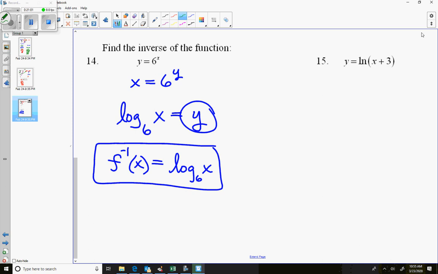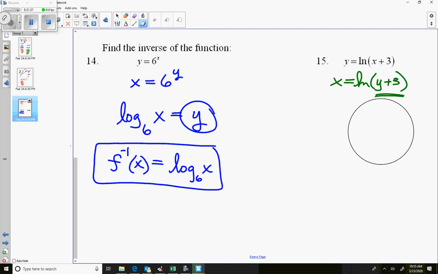Now for the last one, y equals the natural log of x plus 3. To find the inverse, switch x and y. And now we're stuck, because you cannot multiply this. This is not the distributive property. The whole y plus 3 is the argument to your natural log. So now we're stuck. Let's change it to an exponential.